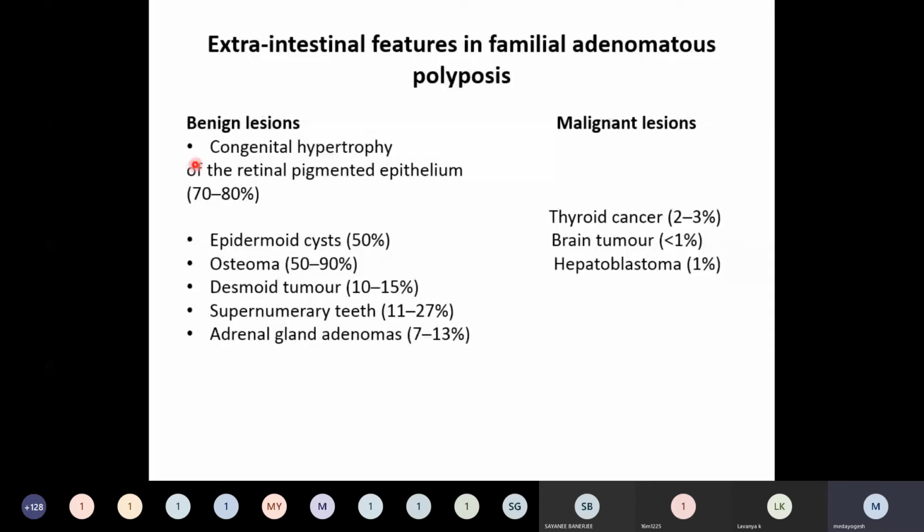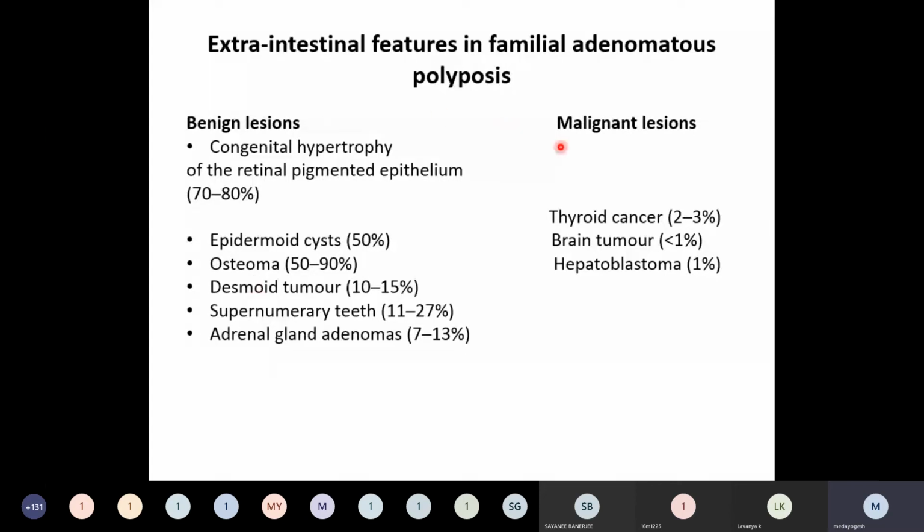The other benign lesions are the epidermoid cyst, then the osteoma, which is commonly seen in Gardner syndrome, and desmoid tumor, which is more commonly seen in females. Then there can be supernumerary teeth and adrenal gland adenoma. All these are seen in varying association with familial adenomatous polyposis.